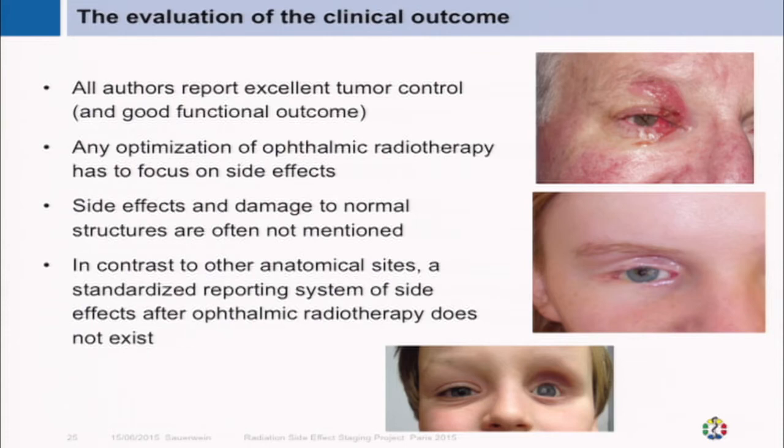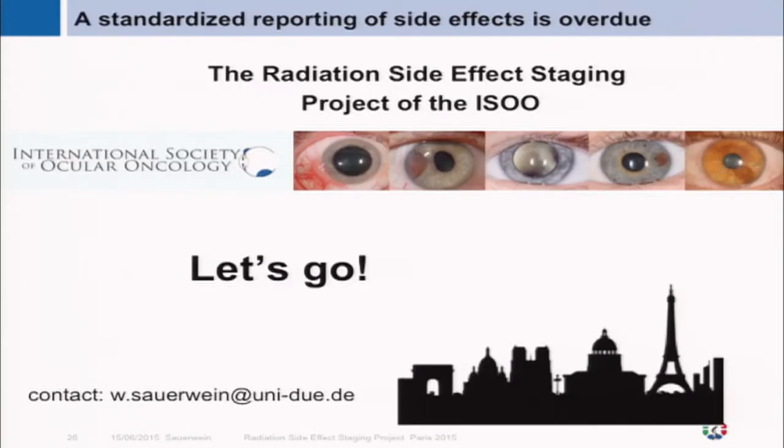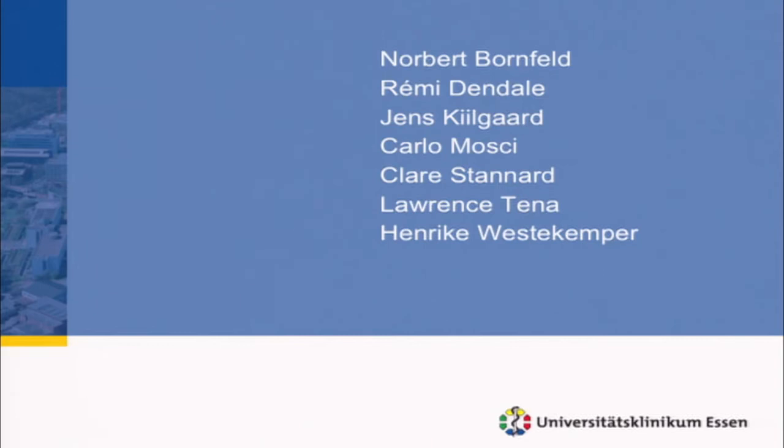So we need a standardized reporting system of side effects after ophthalmic radiotherapy. And I hope that for the next 5 days, we will have the time to sit together and to discuss what's now being produced and shown by all these colleagues.